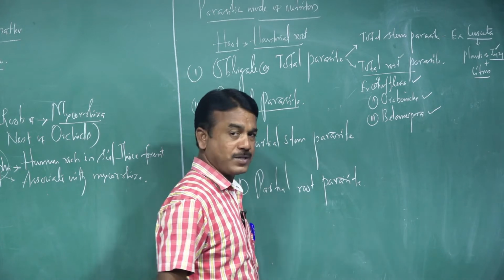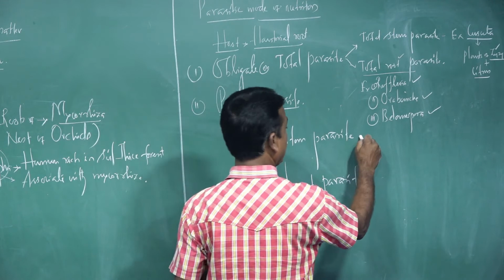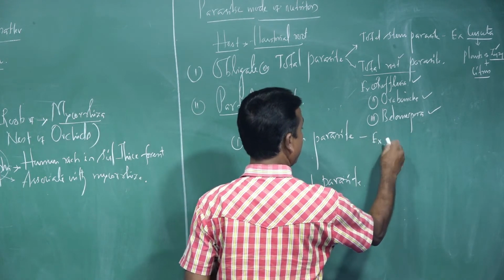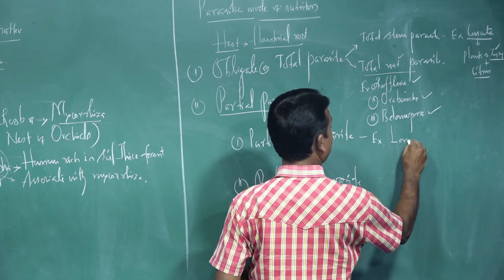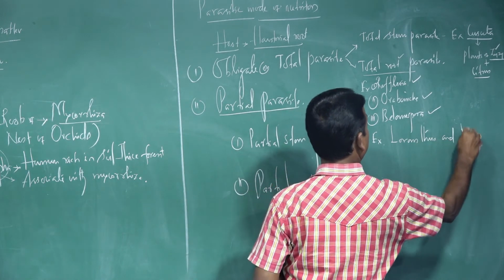You know the meaning of partial. What are the examples of partial stem parasite? You know that. Examples are Loranthus and Viscum.